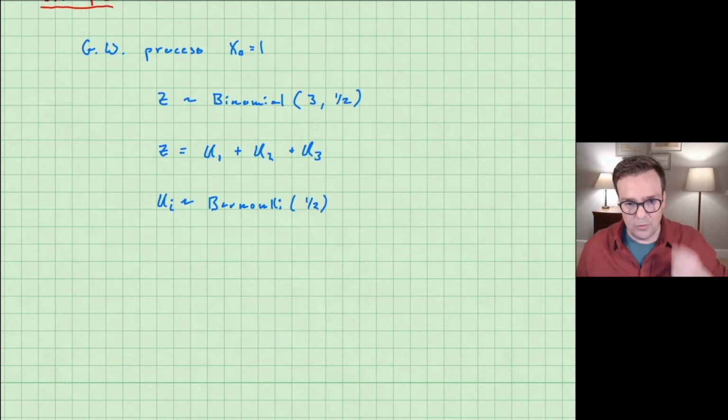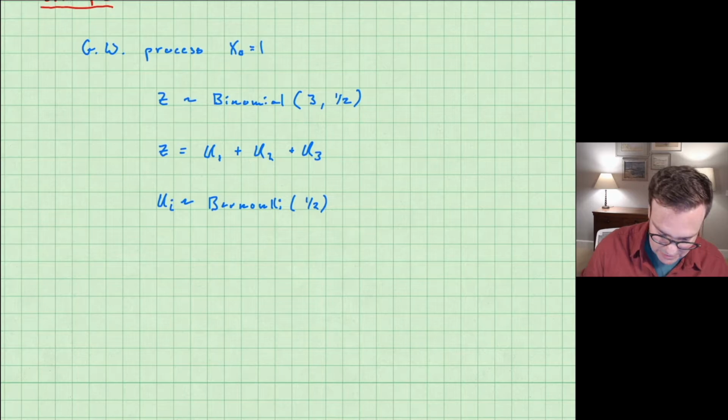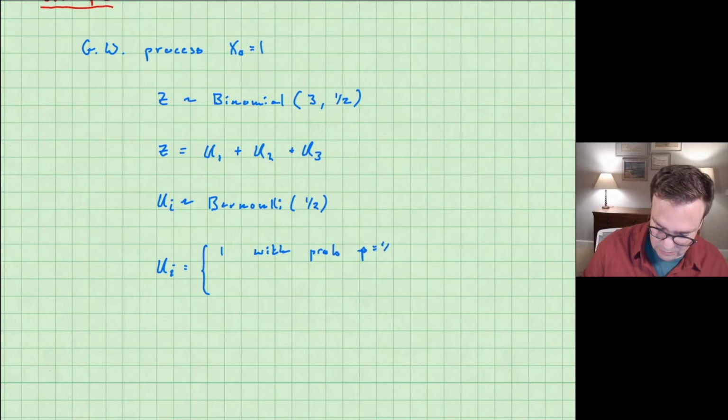Right? So each of these Ui is equal to 1 with probability, we'll say p is equal to 1/2, and 0 with probability q also equal to 1/2.